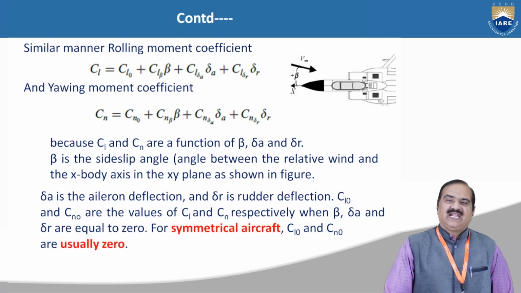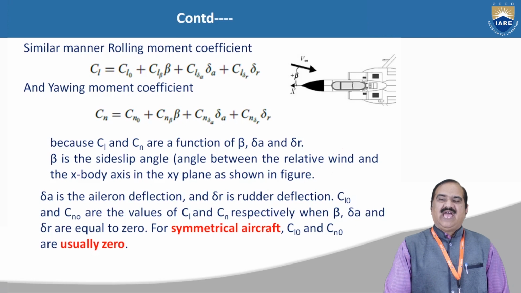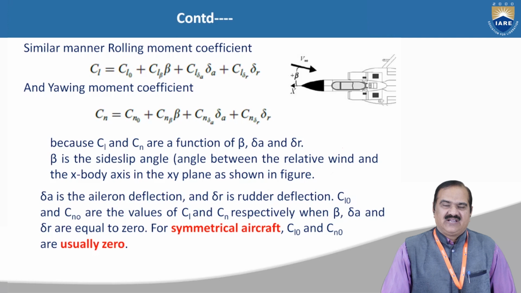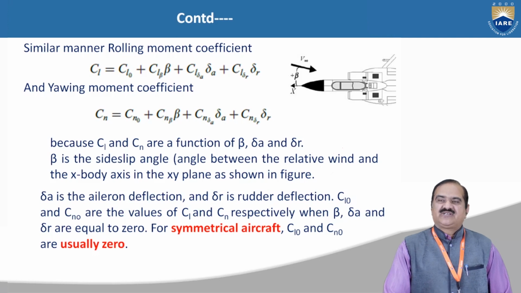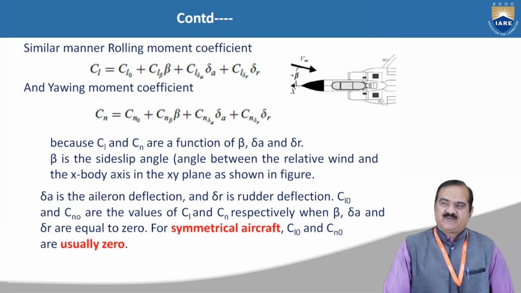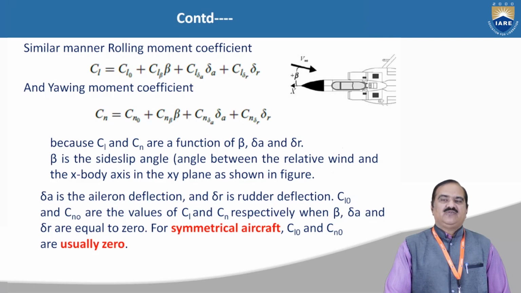Here delta A is the aileron deflection, not elevator. A always indicates the aileron and R is always the rudder, so delta R is the rudder deflection. Cl naught and Cn naught are the values of the coefficient of rolling and yawing moment respectively when beta, delta A and delta R are equal to 0.